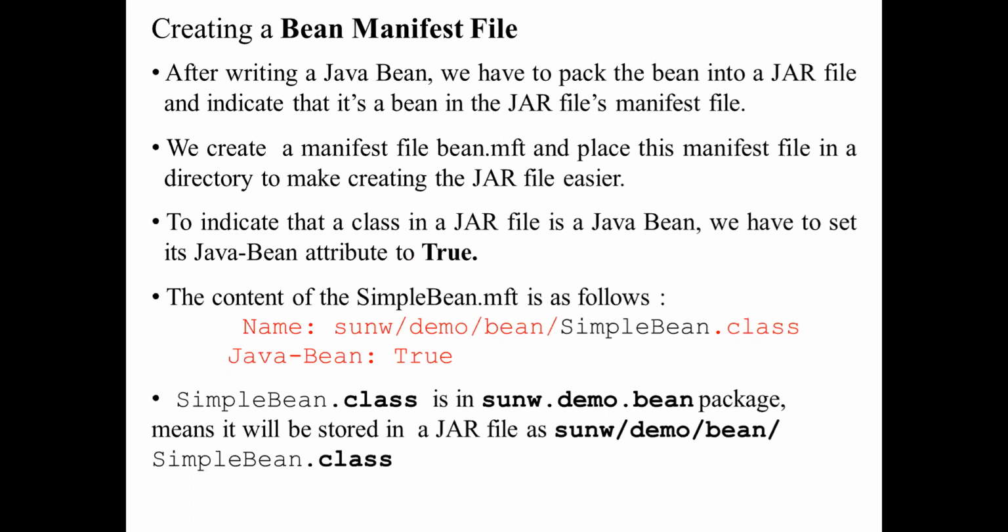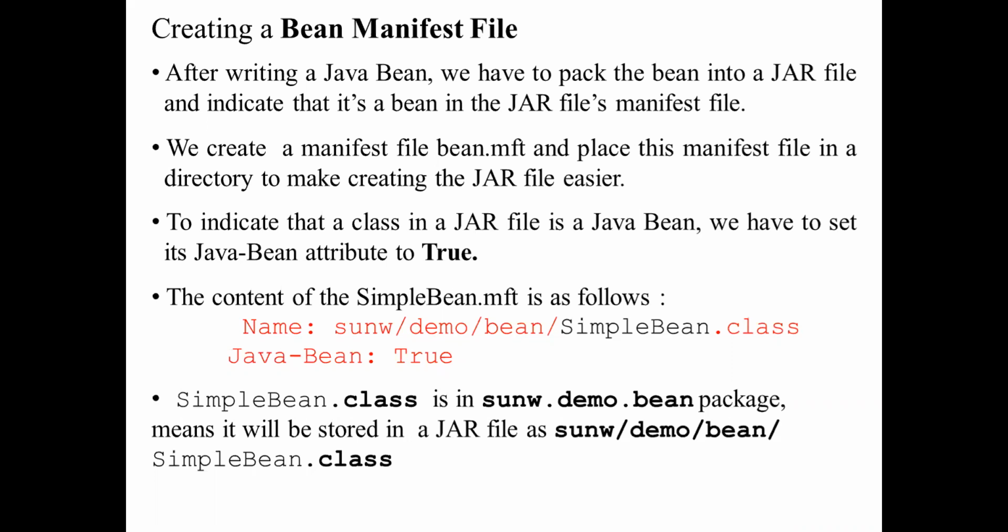So we can create the bean manifest file using the extension .mft. MFT means manifest file. So when you create the manifest file beam.mft and place it in a directory, it makes creating the jar file very easy.